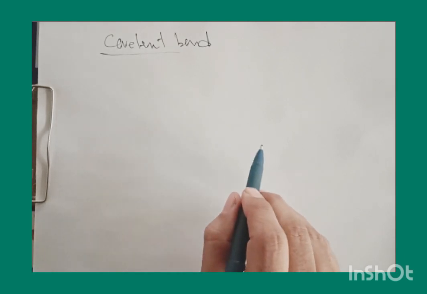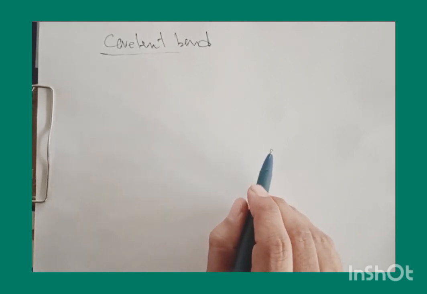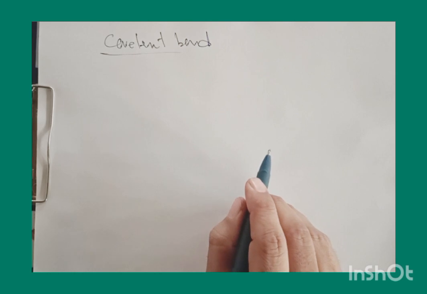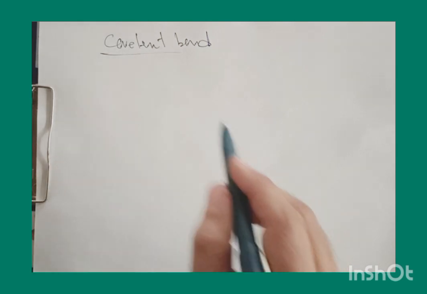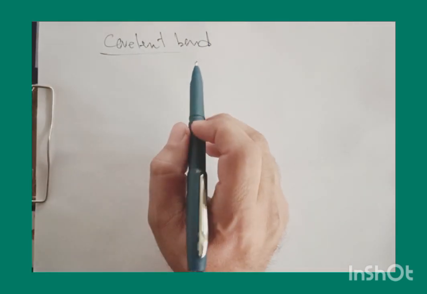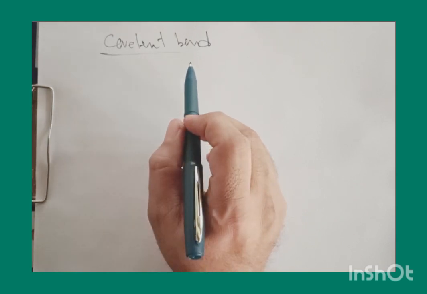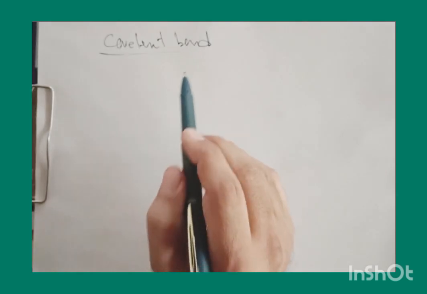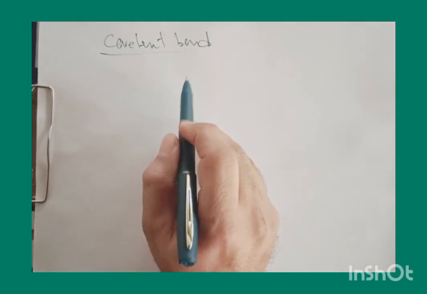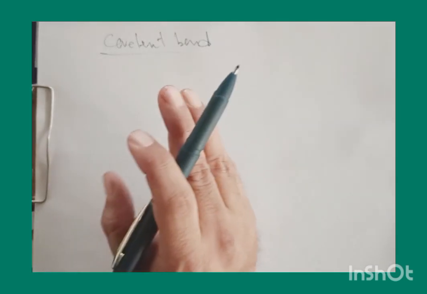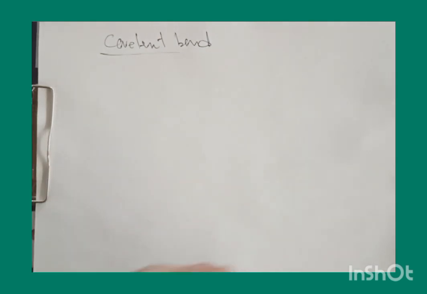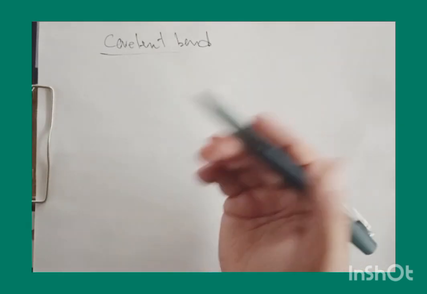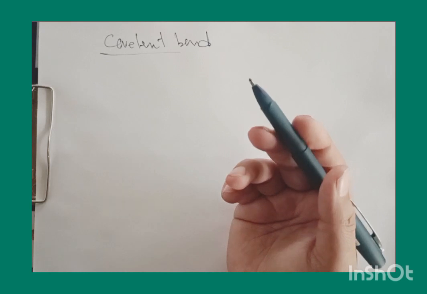And if we talk about another situation where we have an atom, and this atom has an electron and loses its electron, and this electron is taken by some other atom which is in need of an electron.